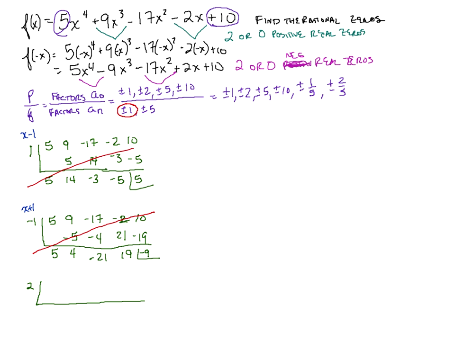Let me move my marker board down here so I can write to the bottom of the page. All right, 5, 9, negative 17, negative 2, and 10. This is for a factor of x minus 2. So combine down, multiply, combine down, multiply.